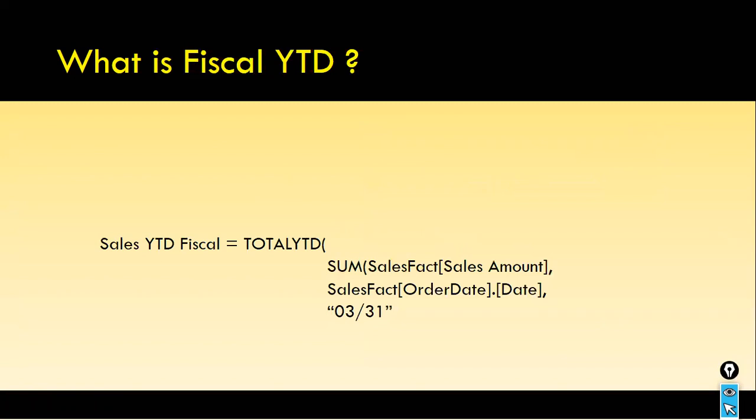In the case of India, the April 1st to March 31st, that is what your fiscal year is. So at every fiscal year beginning, in the sense of 1st April, the value will get reset. Got it?